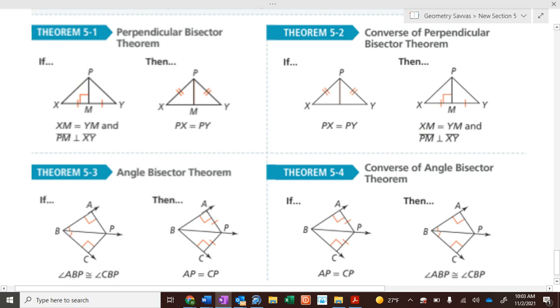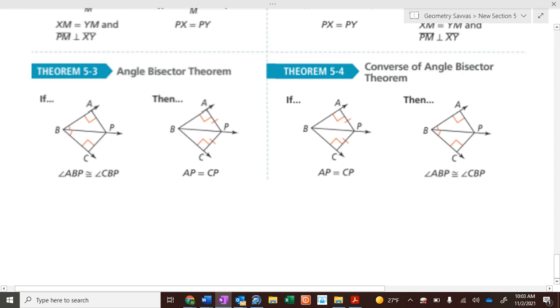The angle bisector theorem says any point on the angle bisector is an equal distance away from the sides of the angle. And if you are an equal distance away from the sides of the angle, you must be on the angle bisector.